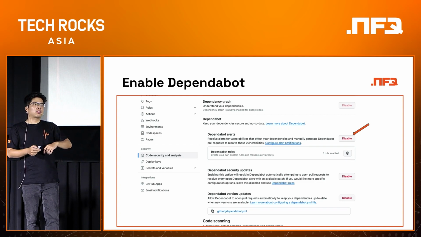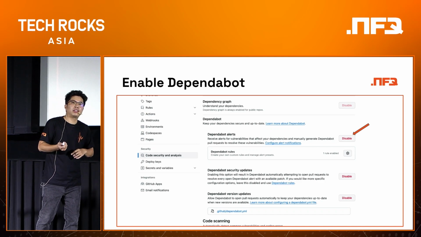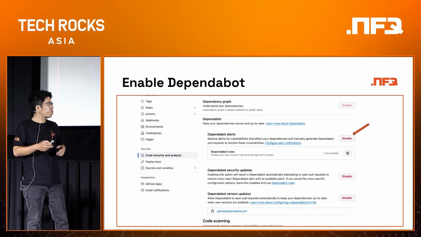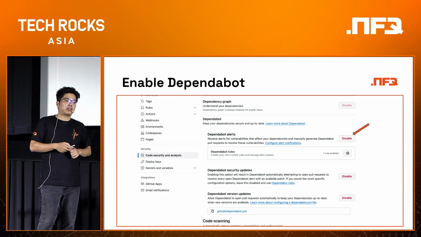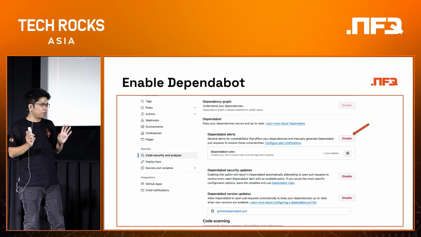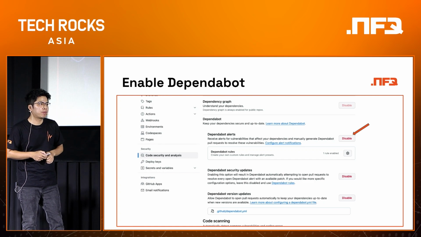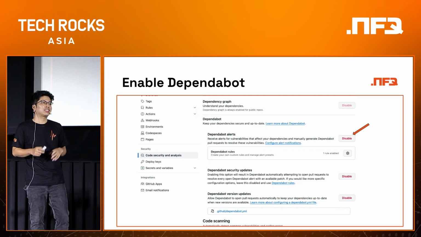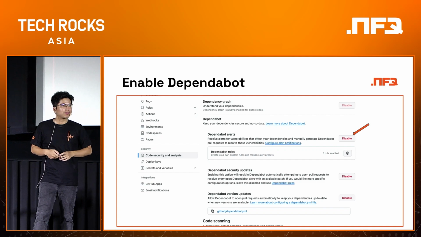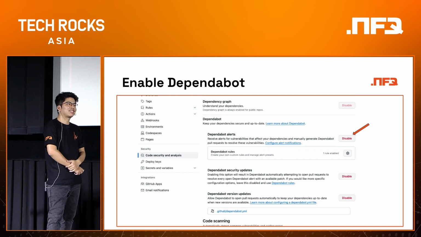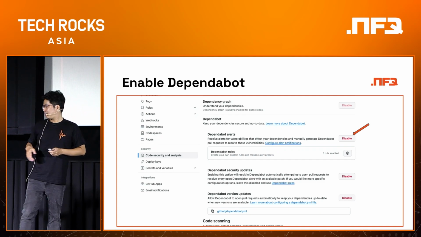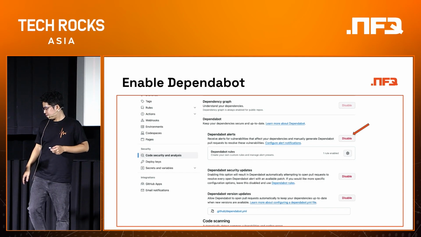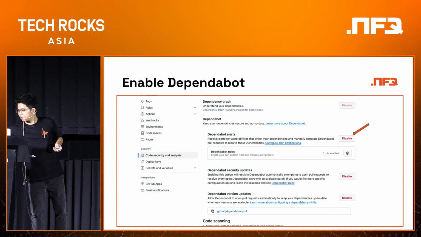And Dependabot is also supported by popular version control platforms like Bitbucket or GitLab as well. So just a few clicks and it's enabled, ready to use. Thank you for the question.